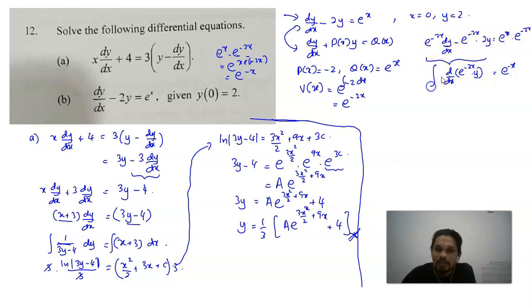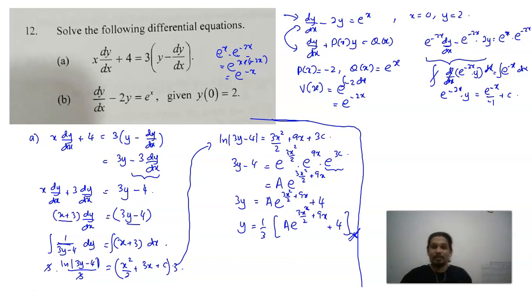So if we integrate with respect to x, it means that we are cancelling between this derivative sign and the integral sign here. So we integrate the right side. So e power of negative 2x times y equal to the integral of e power of negative x, which is e power of negative x divided by negative 1 plus c.